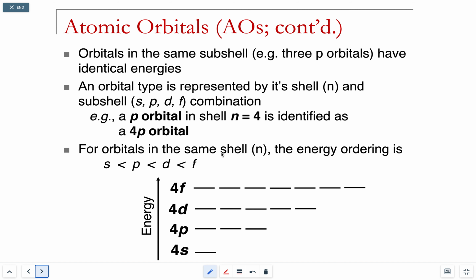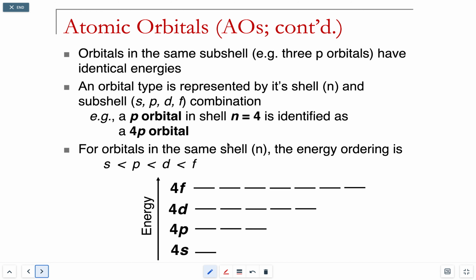Now, we told you earlier that when writing orbital notation, we put a number in front of the orbital type that defines the quantum number n, what shell it's in, and then we write a letter for the subshell that defines the shape of the orbital. So if we're looking in the n equals 4 shell, there are 4 different kinds of orbitals, s, p, d, and f.